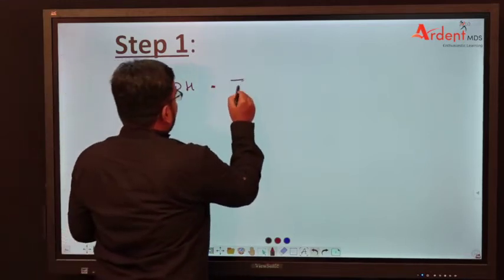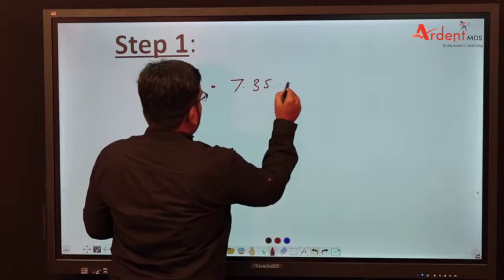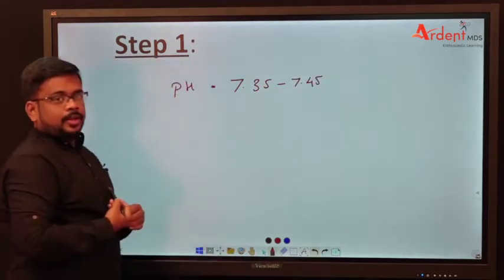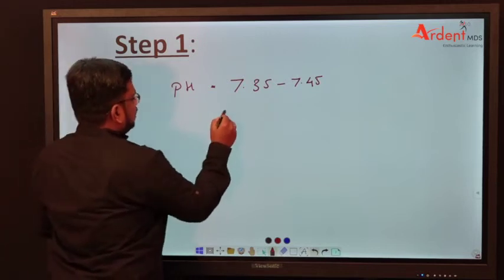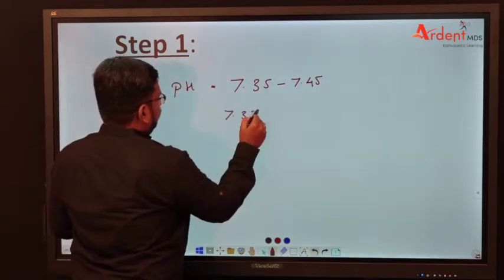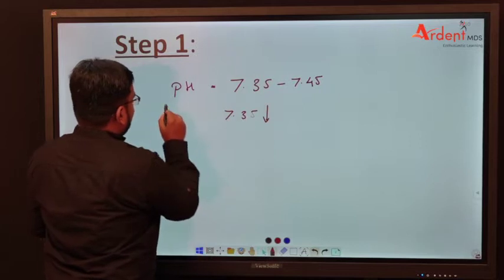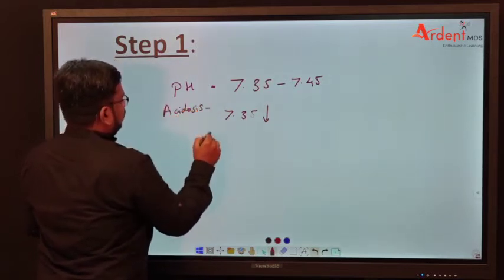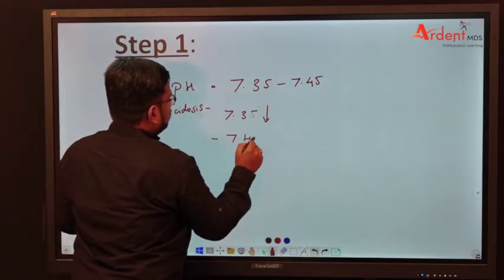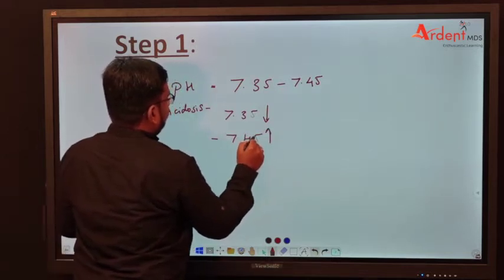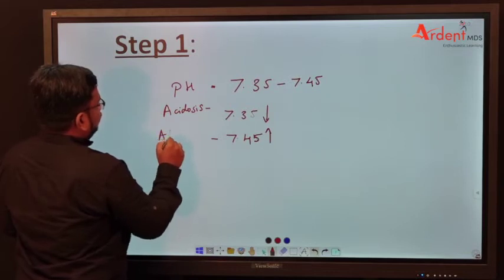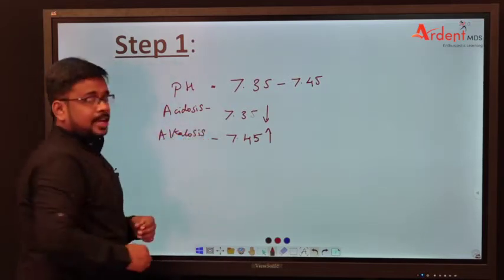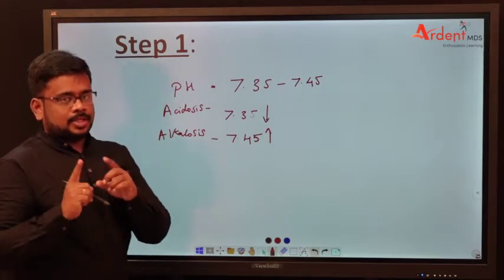The normal pH is around 7.35 to 7.45. If the pH is less than 7.35, it is called acidosis. If the pH is more than 7.45, it is called alkalosis. So first we check whether the patient has acidosis or alkalosis.